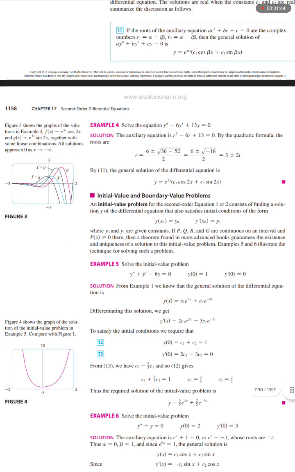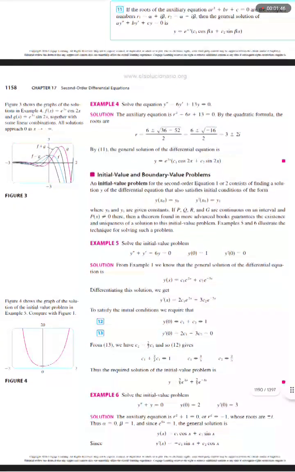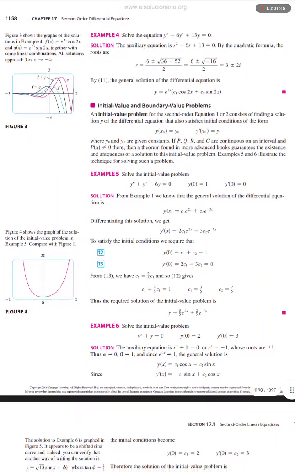Initial value and boundary value problems.